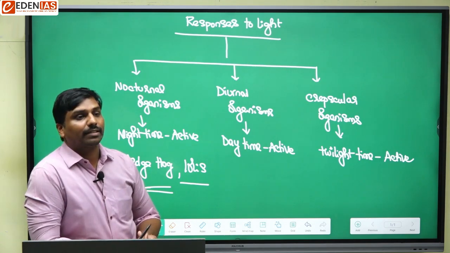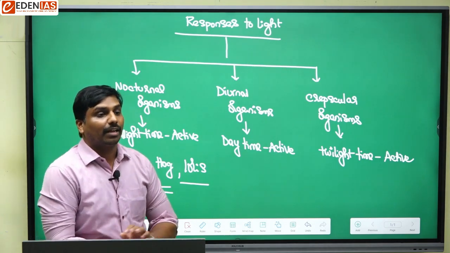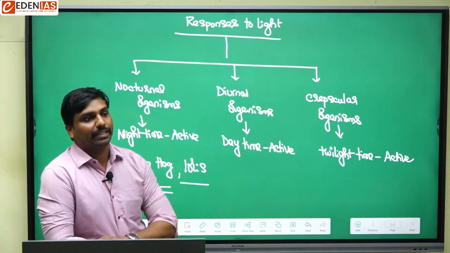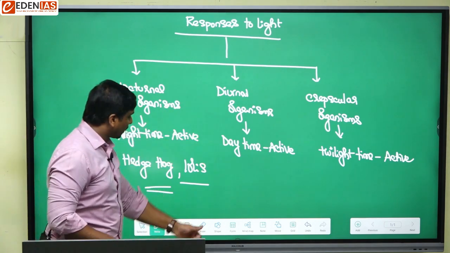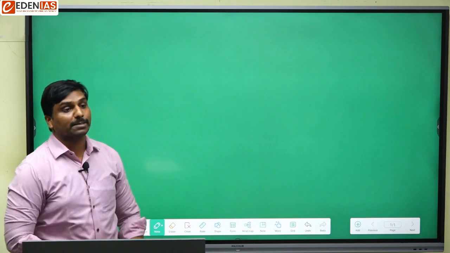Okay, so these are different types of organisms that will be active in response to light. So remember nocturnal, diurnal, and crepuscular. That is with respect to response to light.